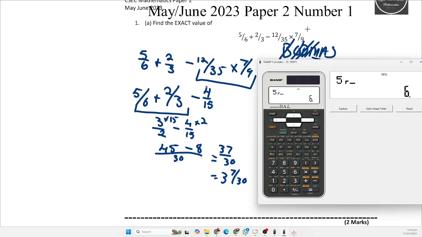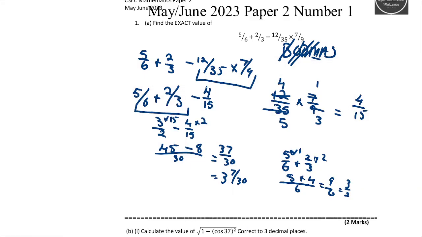So if you put exactly this in the calculator, you will get your answer. 5 over 6 plus 2 over 3 minus 12 over 35 multiplied by 7 over 9. That is equal to 1 and 7 over 30. Alright, and that would be your answer for this question.